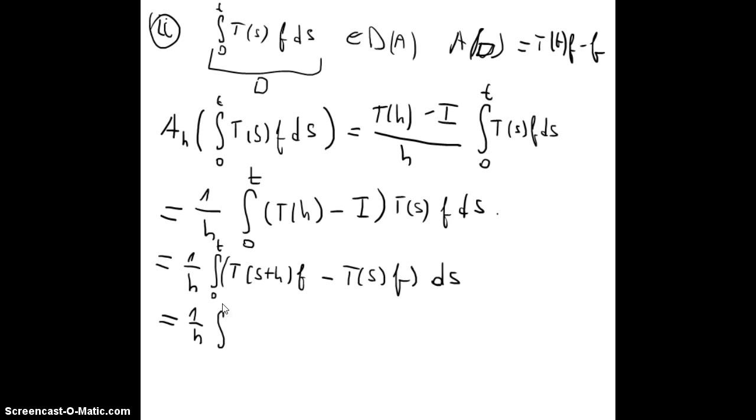We will take the integral from h to t plus h of T_s f ds minus 1 over h times the integral from 0 to t of T_s f ds.